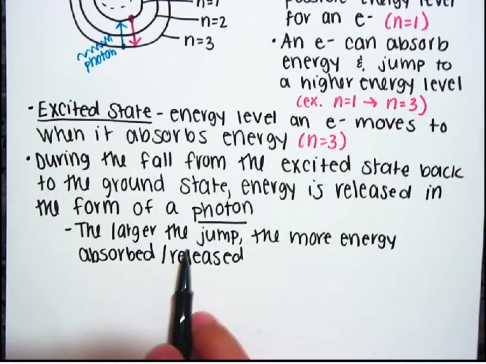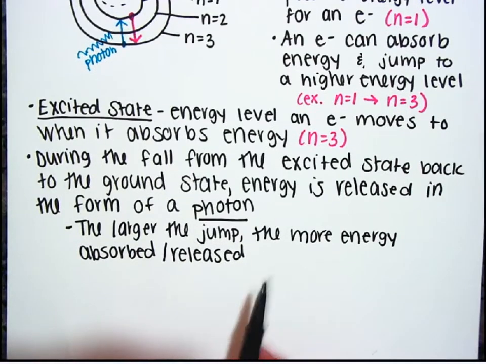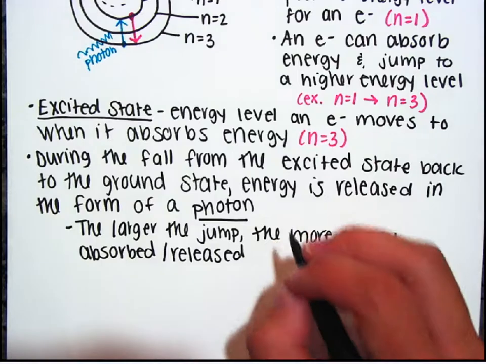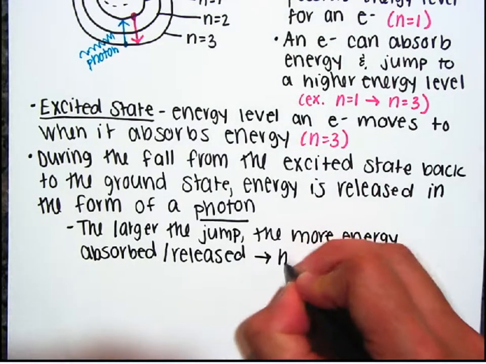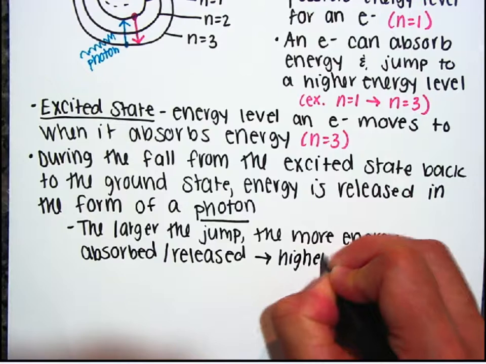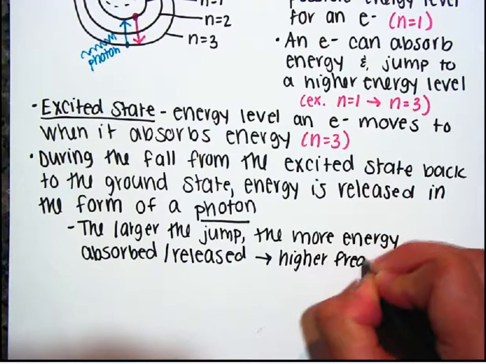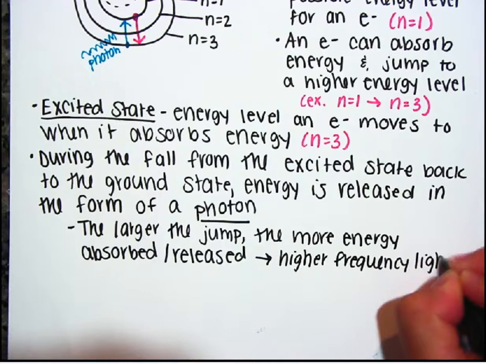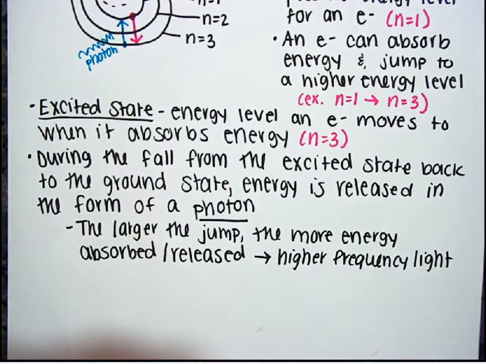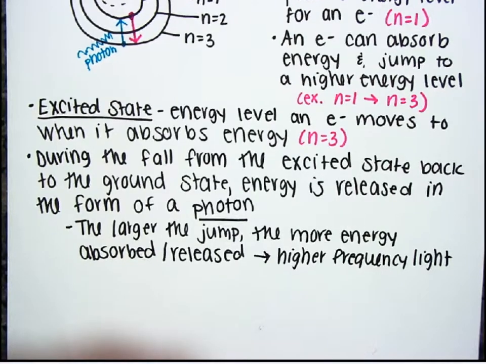If we have a large jump and we're releasing a lot of energy, we are going to see higher frequency light. So you might see like a purple light. That's going to be a higher frequency, more energy.